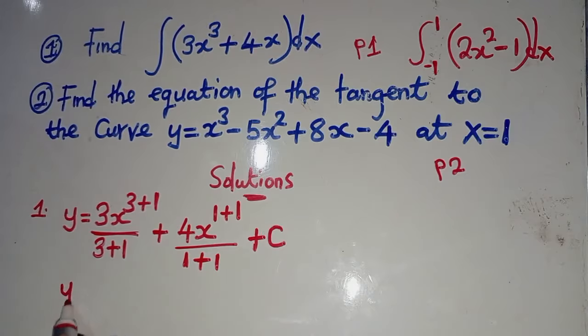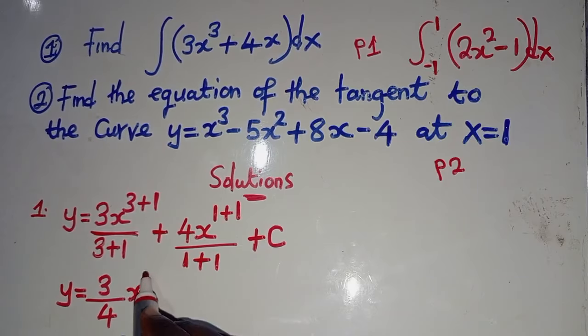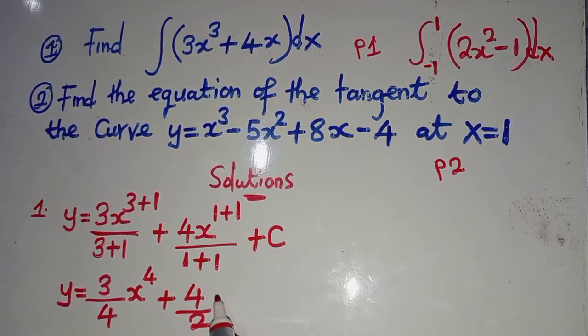This is just the same as this is equal to 3 over 4, then we've got x to the power 4 plus 4 over 2, x raised to the power 2 plus c, which is a constant.